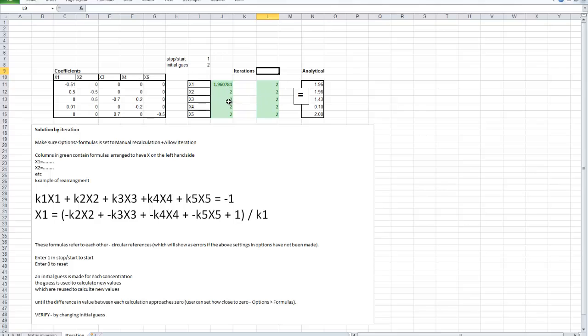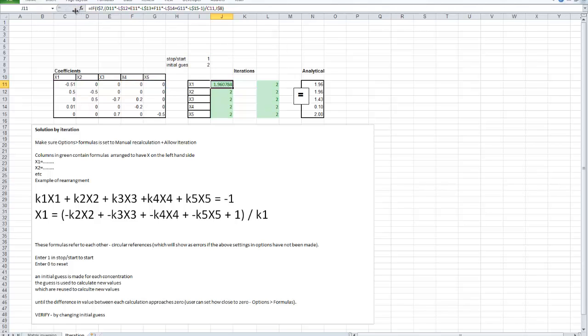Because the manual recalculation and iteration are set, instead of regarding it as a circular reference, which is what it would normally do if automatic calculation was set, because these formulas are referring to cells that are actually being calculated, it's letting that go ahead as a procedure.